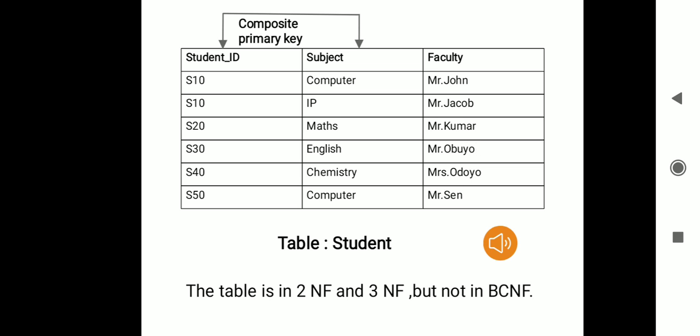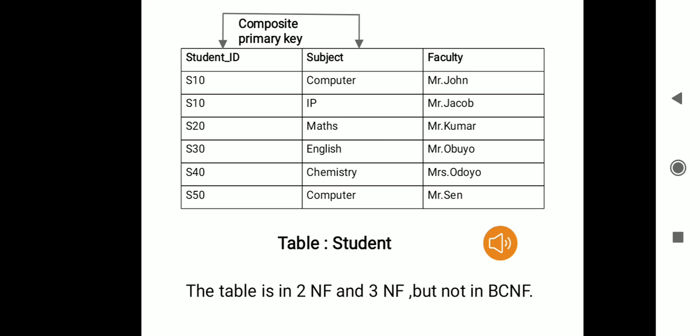Consider this table student. This table is in second normal form because the attribute faculty depends on the composite primary key through full functional dependency, which is student ID and subject taken together. This table is also in third normal form as there is no transitive dependency where a non-key attribute determines another non-key attribute.